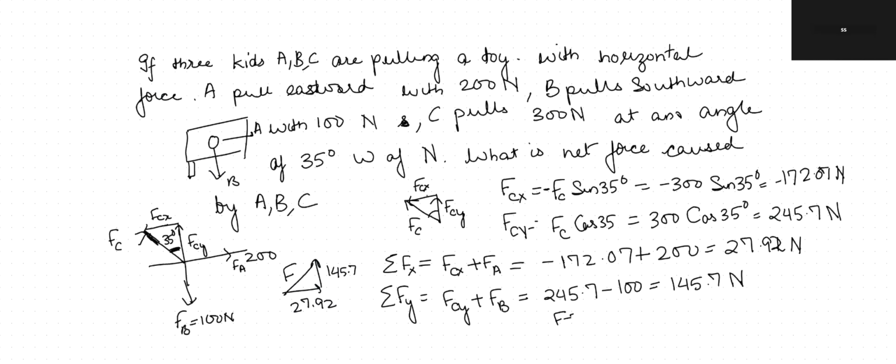So the net force F, we'll use Pythagorean theorem, and it will be square root of 27.9 squared plus 145.7 squared. So it will be 148.35 newtons.